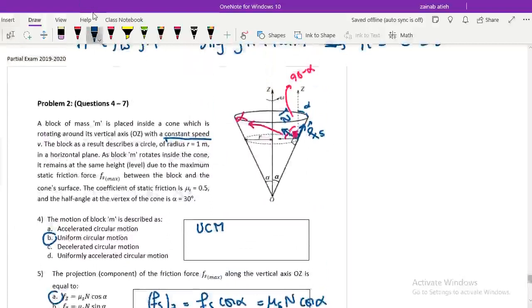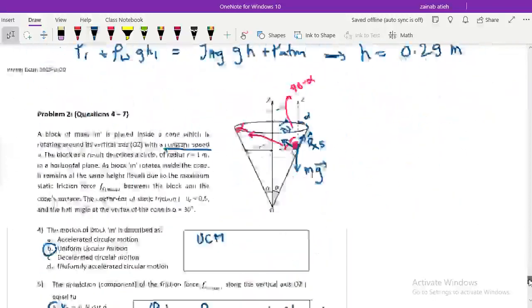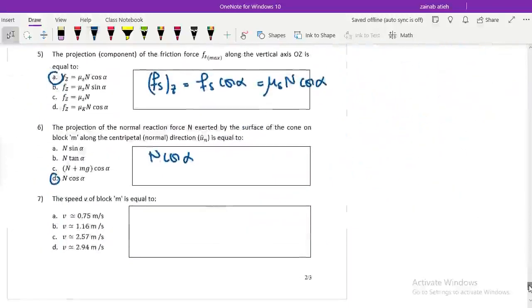The weight is vertically downward. Okay, this is mg. These are the forces acting on it. So now I can apply Newton's second law. Sum of F equals ma. So I have N plus F static plus mg is equal to ma.